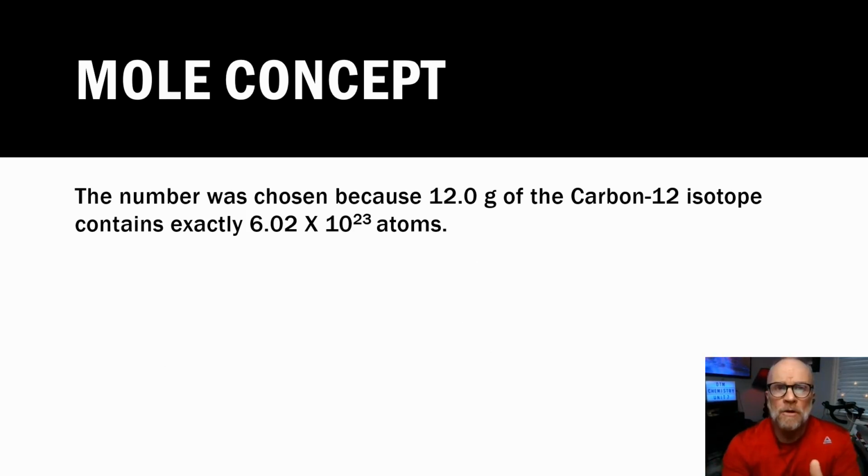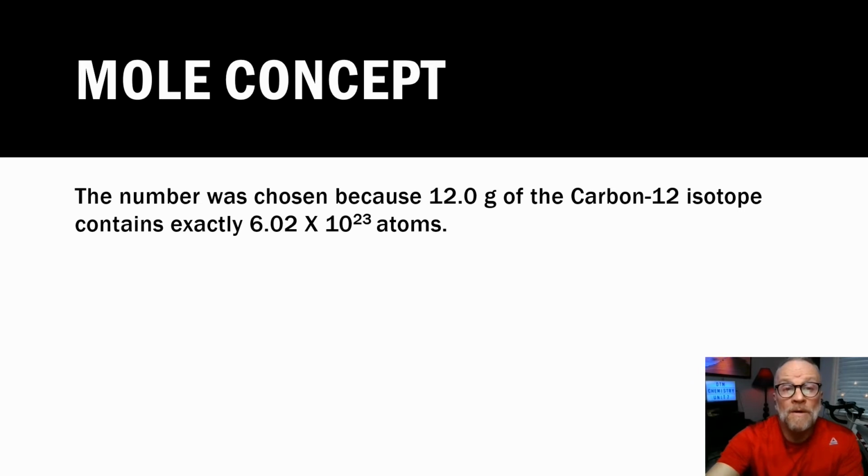That specific number was chosen because that's the number of atoms in exactly 12 grams of the carbon-12 isotope. So 12 grams of the carbon-12 isotope contains exactly 6.02 times 10 to the 23rd atoms.